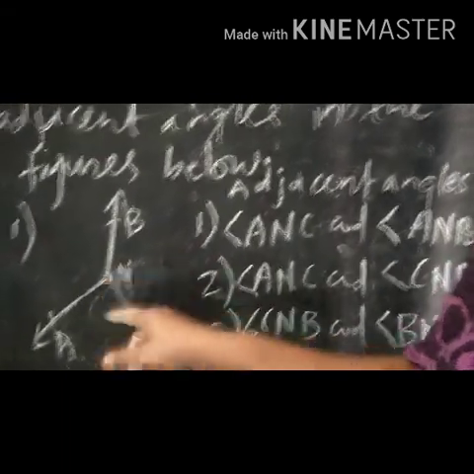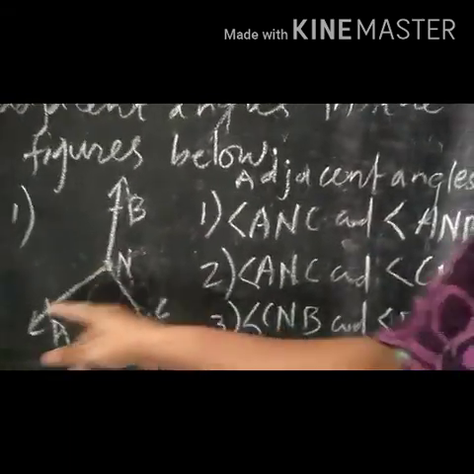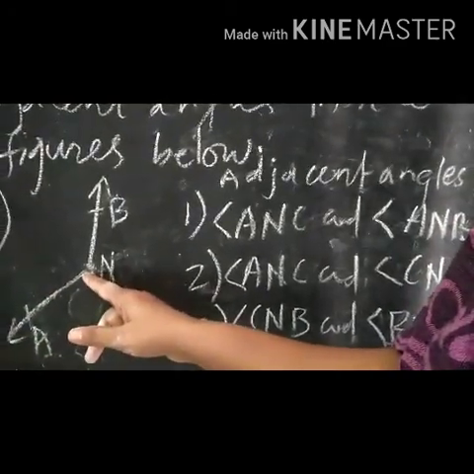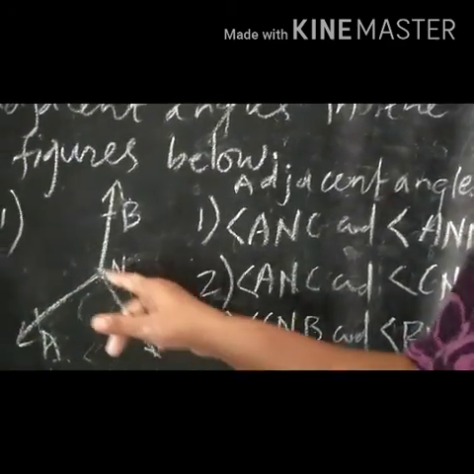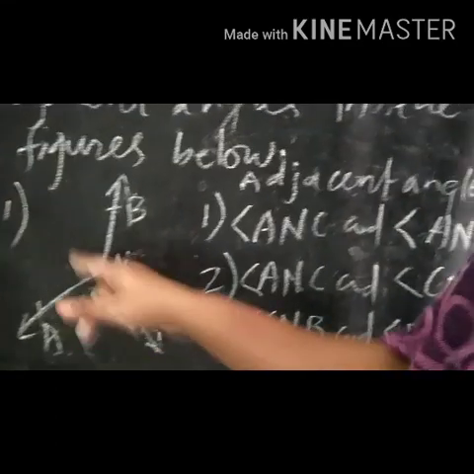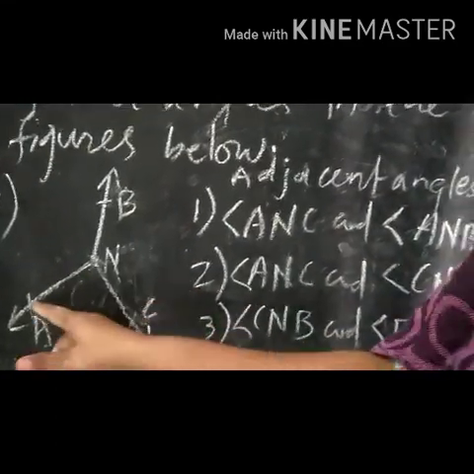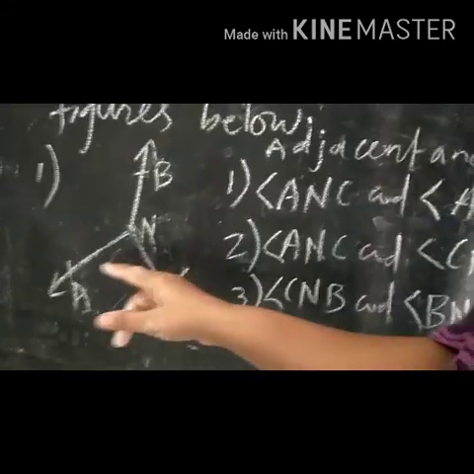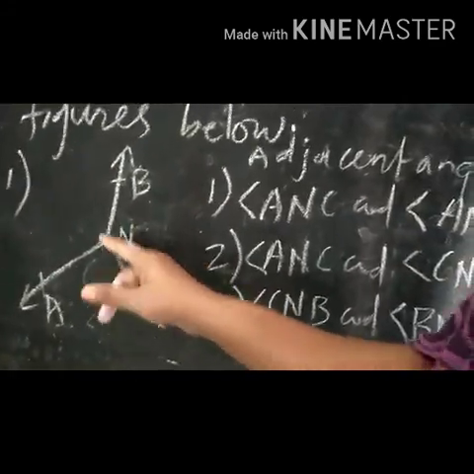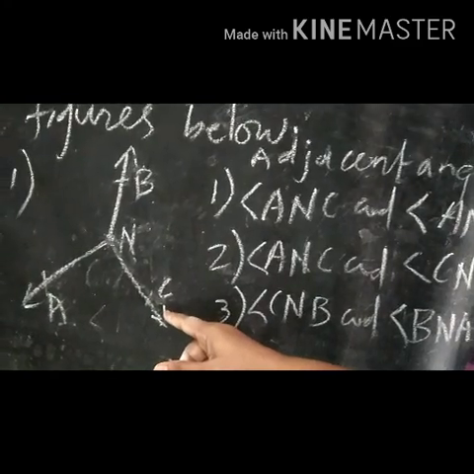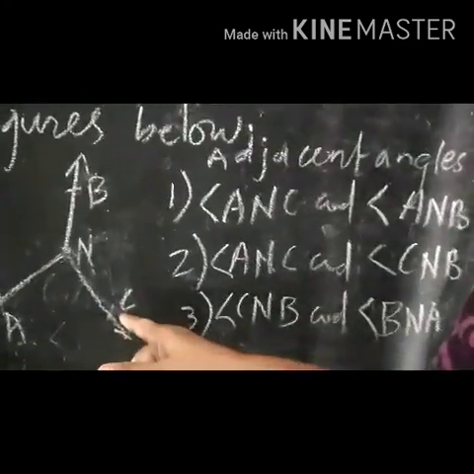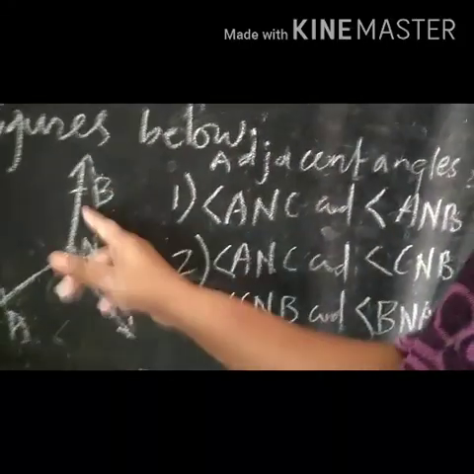So again see this, angle ANB and angle ANC. So both these angles are adjacent angles because these two angles are having common arm and common vertex N. Again angle ANC and CNB, second pair. So both these angles are adjacent angles because these two angles are having common arm and common vertex N. Third pair, angle CNB and angle BNA.